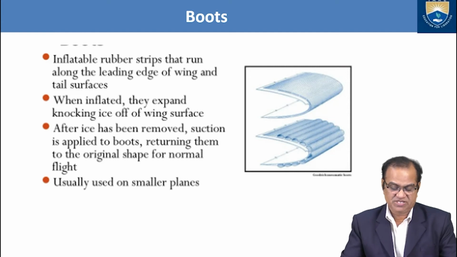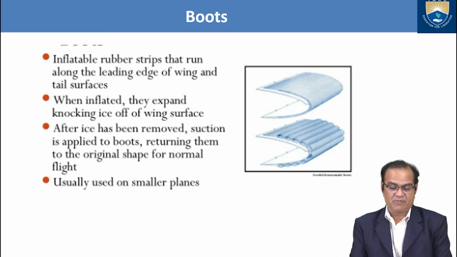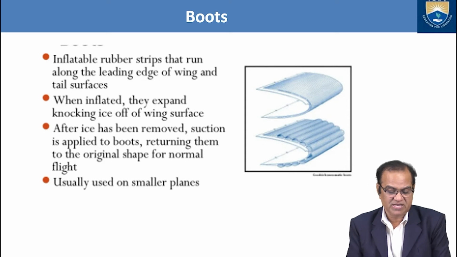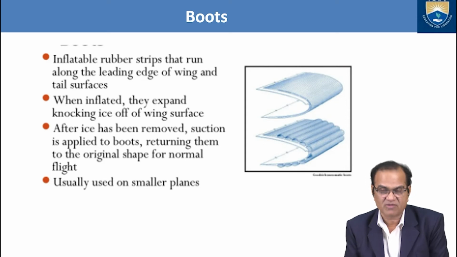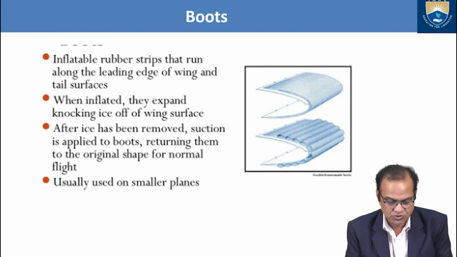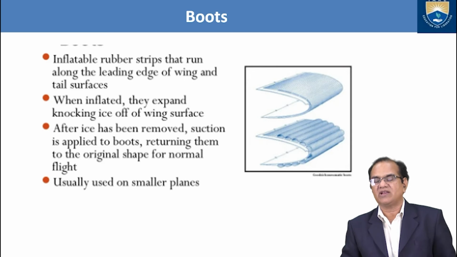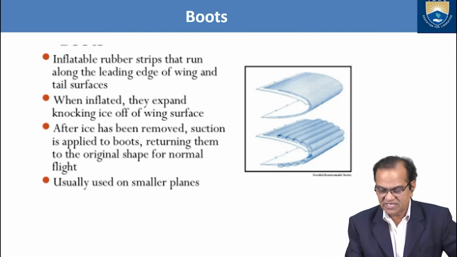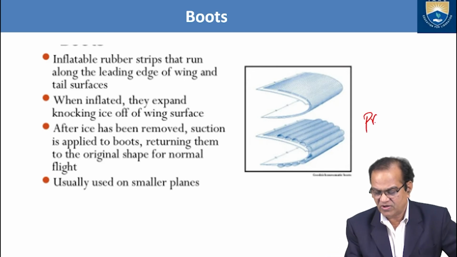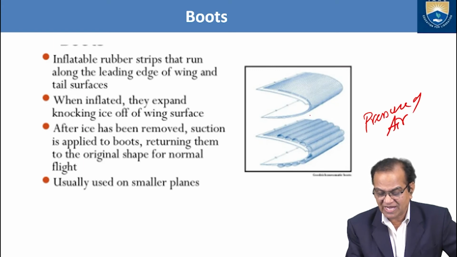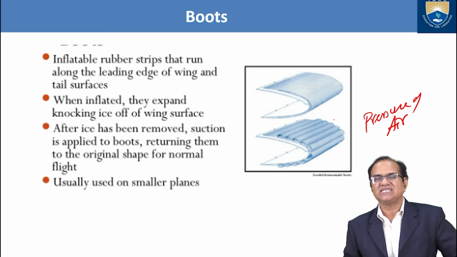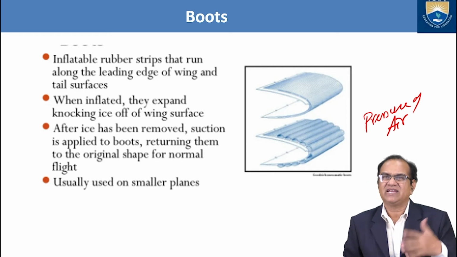After the ice has been removed, suction is applied to the boots, returning them to the original shape for normal flight. They are usually used on smaller planes, spreading by the pressure of air. So these boots expand, the ice is cracked, and it will fall down.